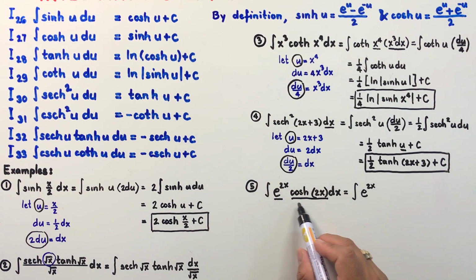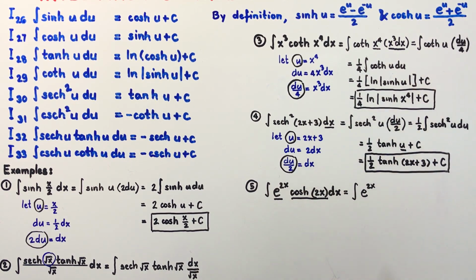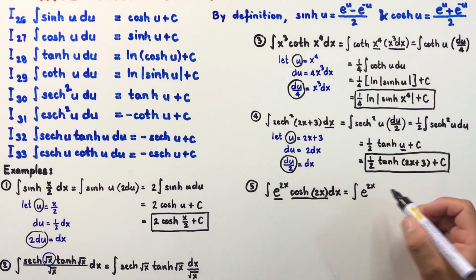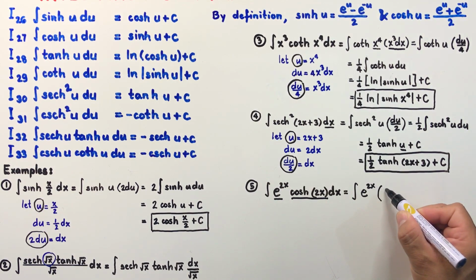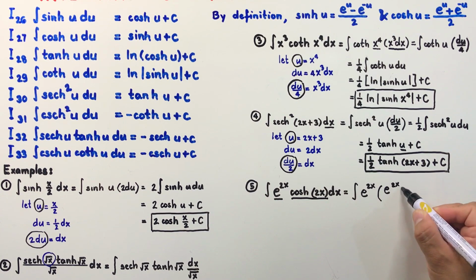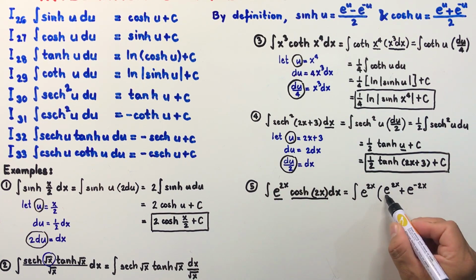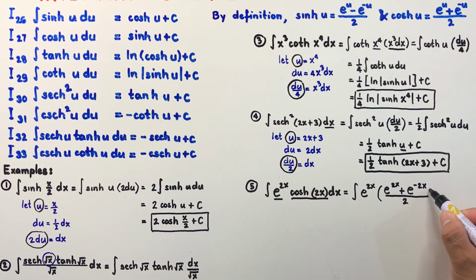But our hyperbolic cosine of 2x can be converted to its equivalent exponential functions using its definition. So using this definition, this is equal to e to the power 2x plus e to the power negative 2x all over 2 here.